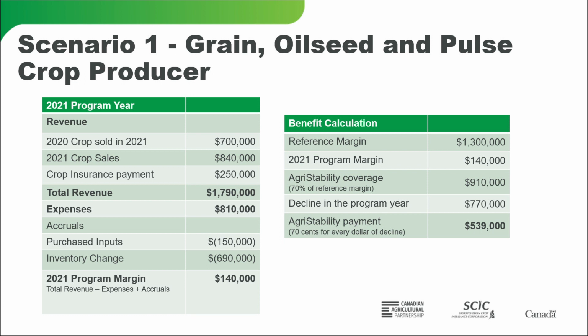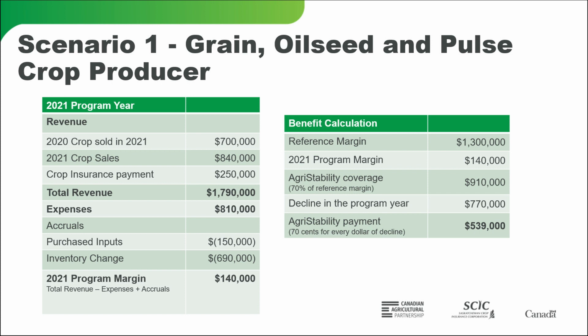This producer's expenses came in at $810,000, and there were a couple of accrual adjustments. The purchased inputs had decreased by $150,000, and in the change in inventory valuation, there was a decrease of $690,000 for this producer. So the program year margin calculated out at $140,000.